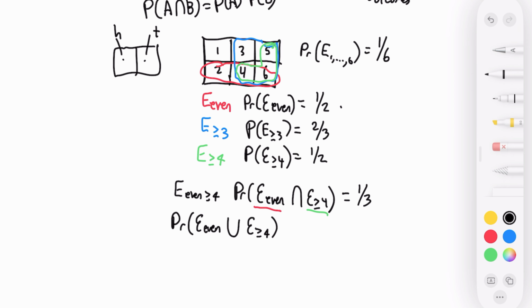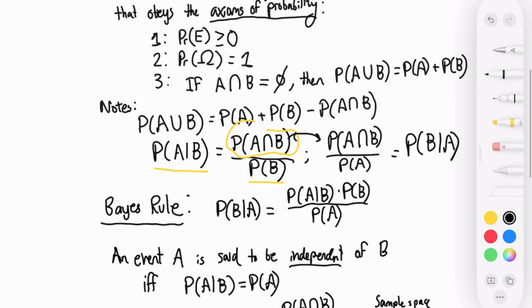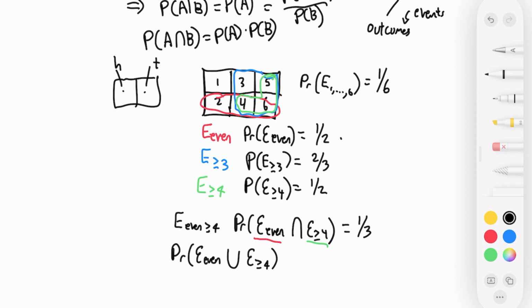Now, if we remember before, to calculate this probability, the easiest thing to do is calculate the probability of the first event, add the probability of the second event, and then subtract the intersection, because once again, you're double counting for both of them. So in this case, we have the even numbers, which are 2, 4, and 6, and then the event greater than or equal to 4, which is 4, 5, and 6. But notice how we've double counted 4 and 6.